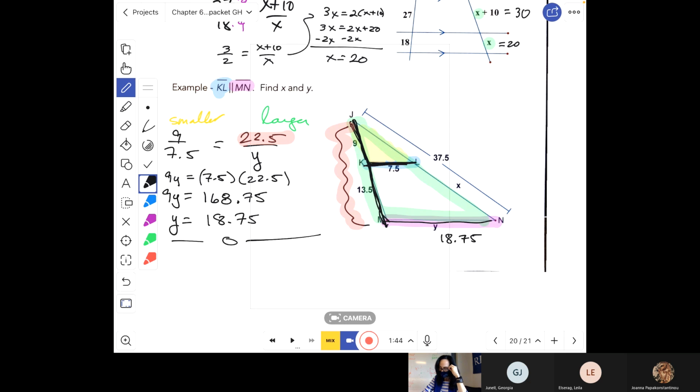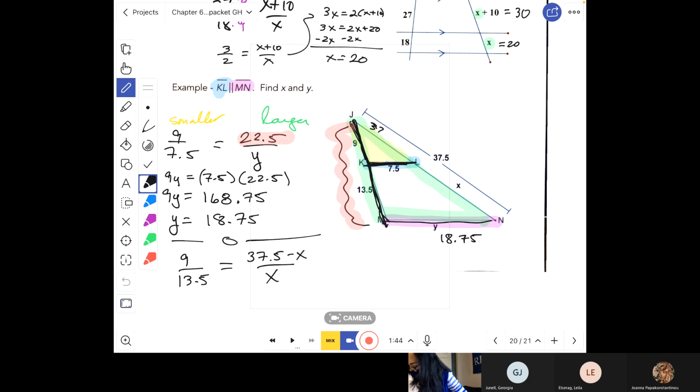How am I going to find x? Can somebody give me a ratio? Substitute. Oops. 9 over 13.5 equals blank over x, right?